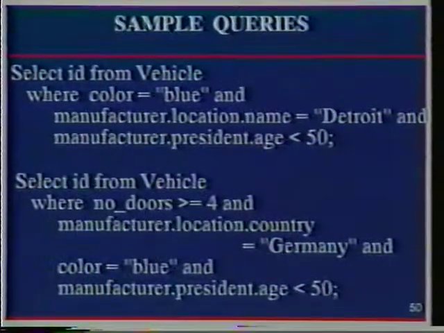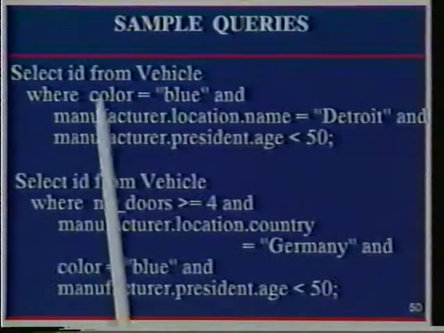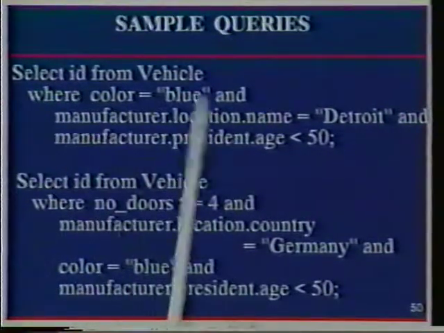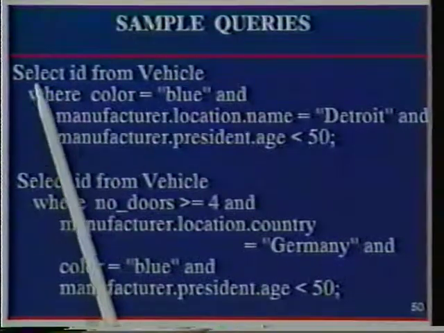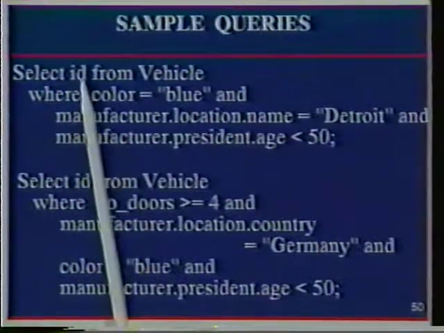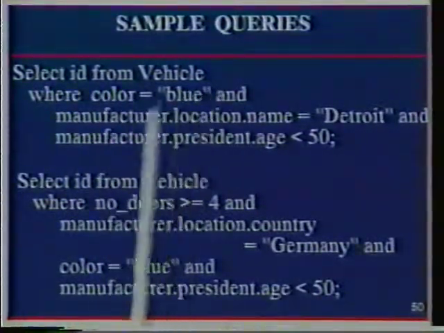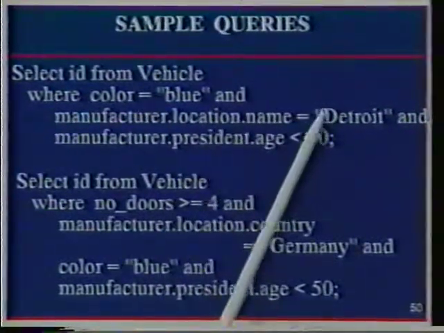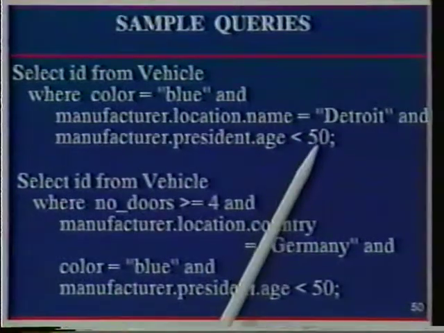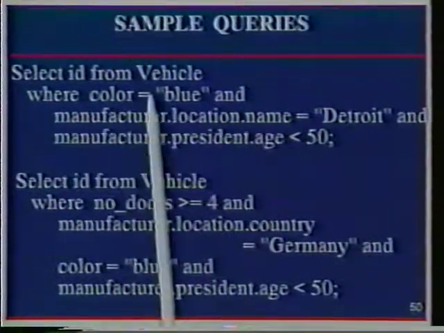So UniSQL offers an SQL-like interface. Here is an example of an SQL interface for this particular illustration. This is the same example that I showed before for querying, where we want to select the vehicle.id where the color is blue, the manufacturer's location is Detroit, and the manufacturer's president's age is less than 50, and this is how we do it in UniSQL.